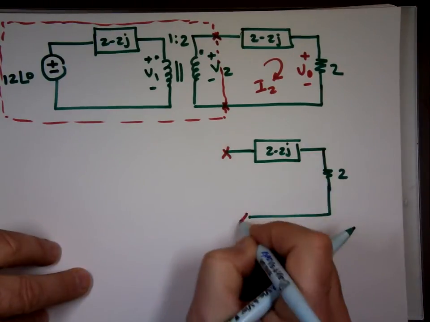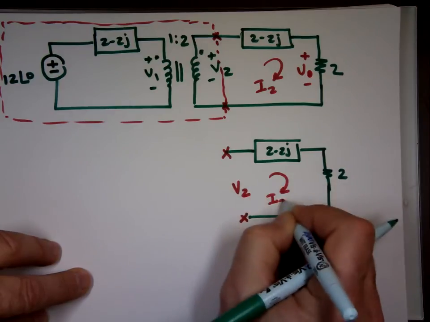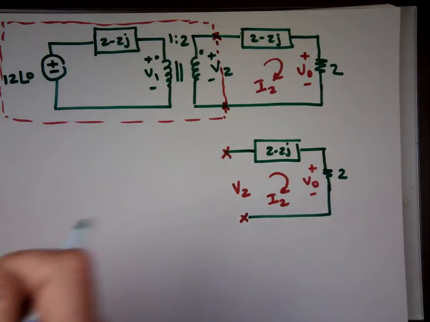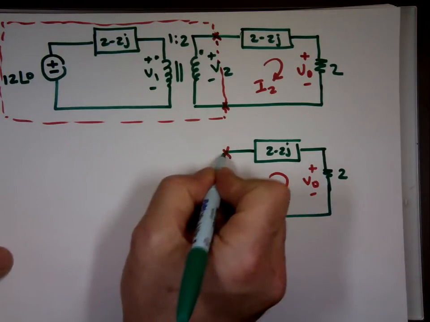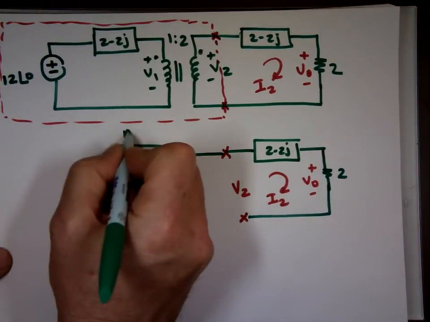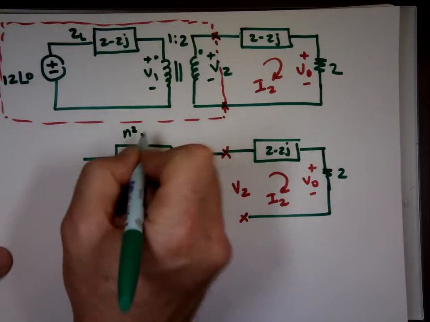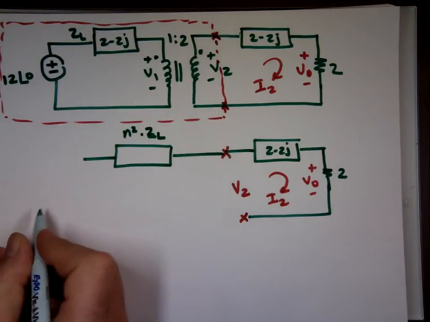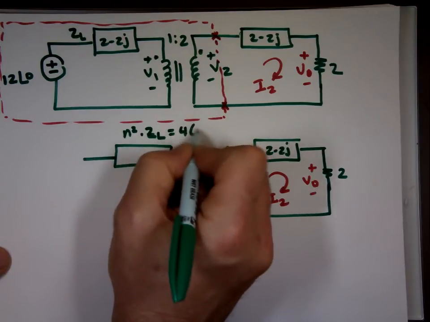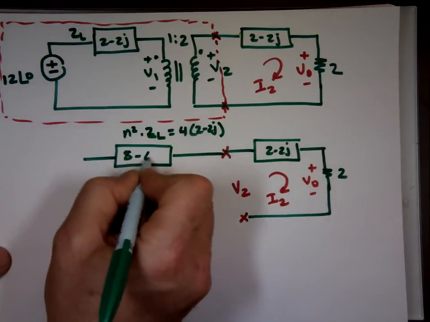So this is really V2, and this is I sub 2, and this is V out. So what is the equivalent of that? This value here will be n squared times, if I call this ZL, n squared, n is 4, times 2 minus 2j, and that'll give me what? 8 minus 8j.